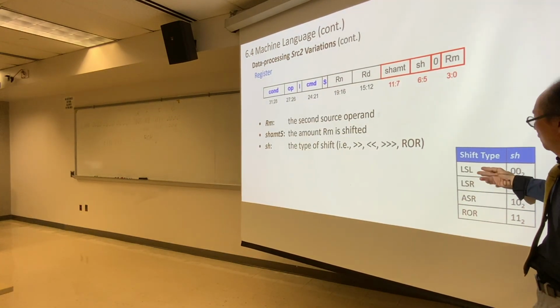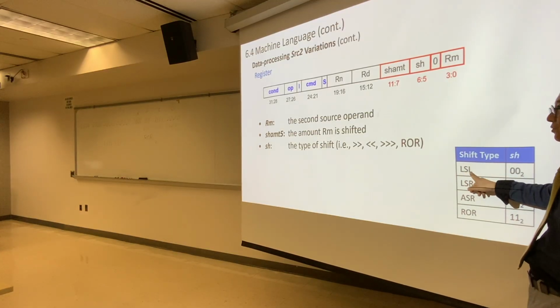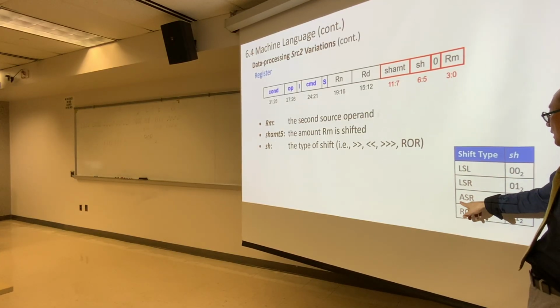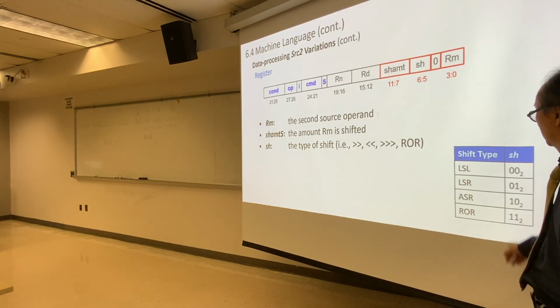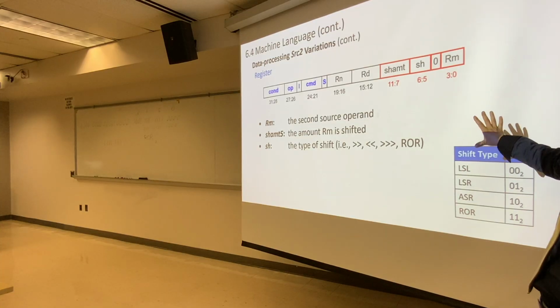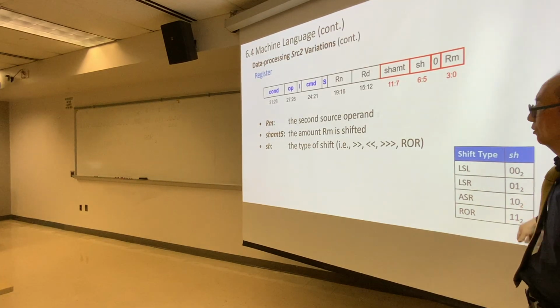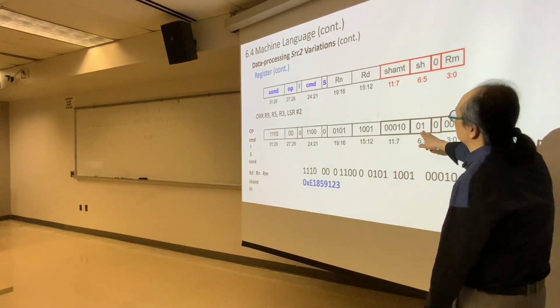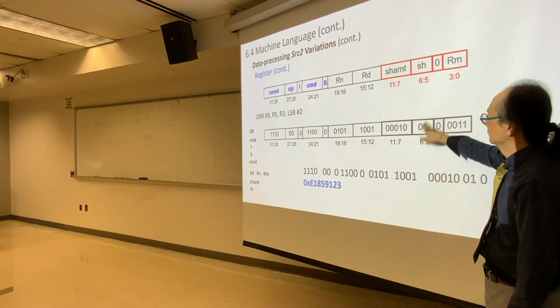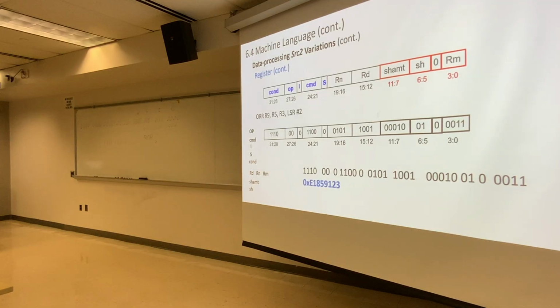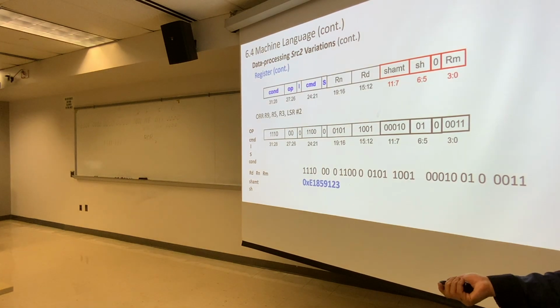Since we have 4 different ones, logically shift left, logically shift right, arithmetic shift right, and rotate right, those are the ones that we can use within the instructions, so we need only 2 bits. So that's why it's 0, 1. Logically shift right is 0, 1. We put all of those binary numbers in here, and then combining 4 bits at a time, we end up getting this hexadecimal number.